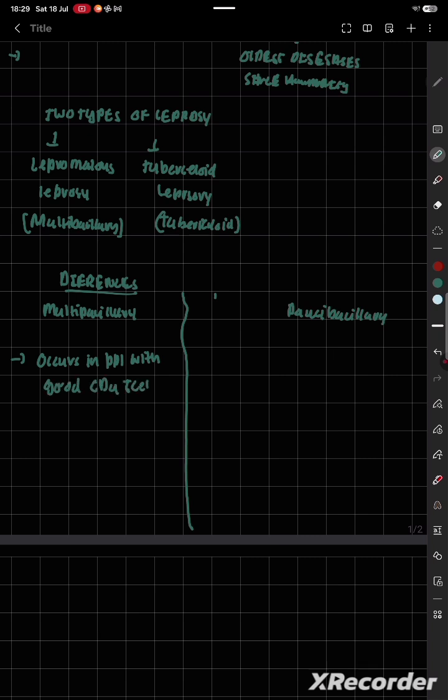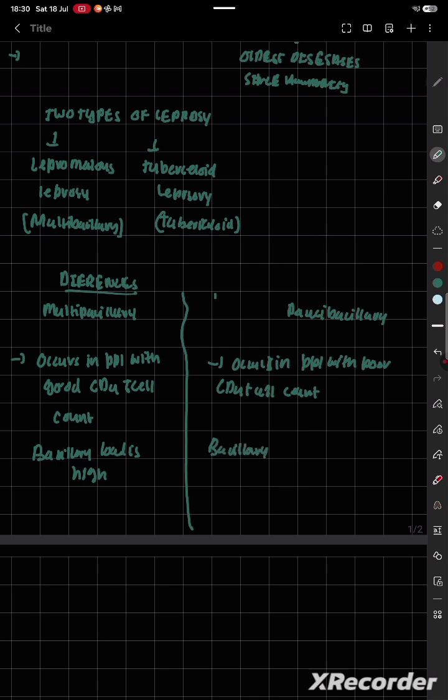Bacillary load is high in multibacillary, and bacillary load is low in paucibacillary.